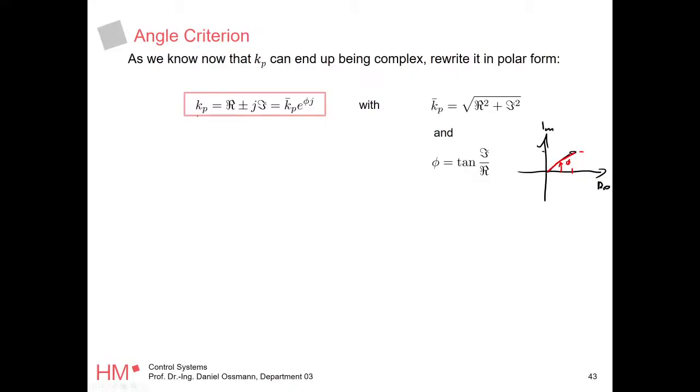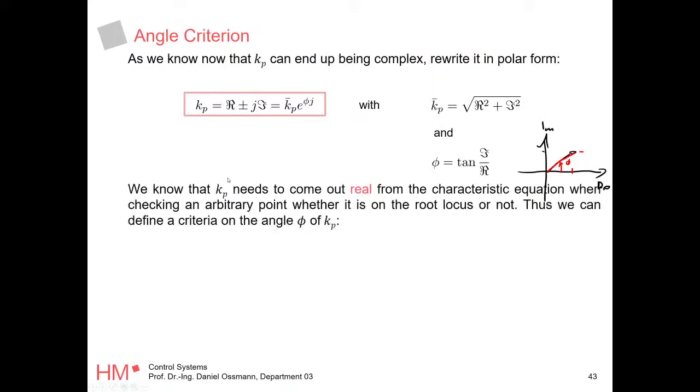Okay, but now let's take on this pretty general complex formulation of our Kp. What did we say about Kp? We said Kp needs to be real. If it turns out to be real, we can reach a specific point we desire in the root locus plane, right? What does that mean for our Kp in polar form?